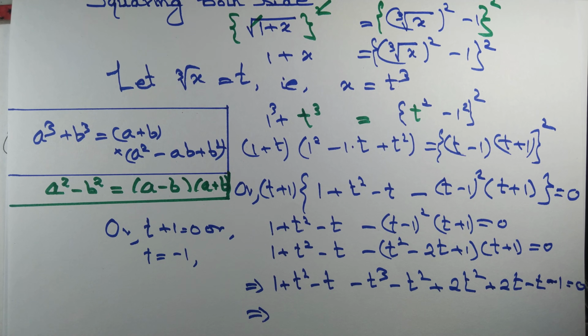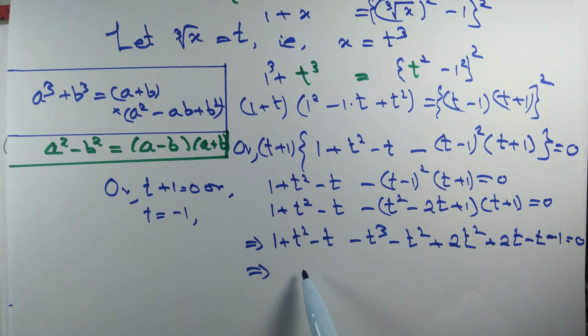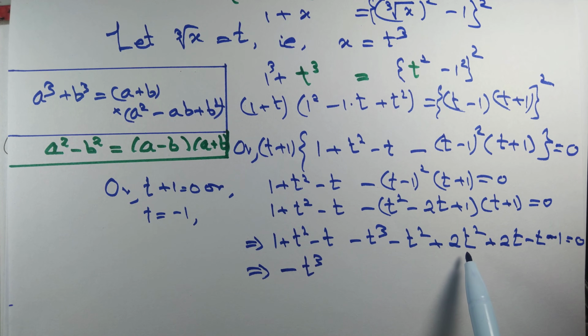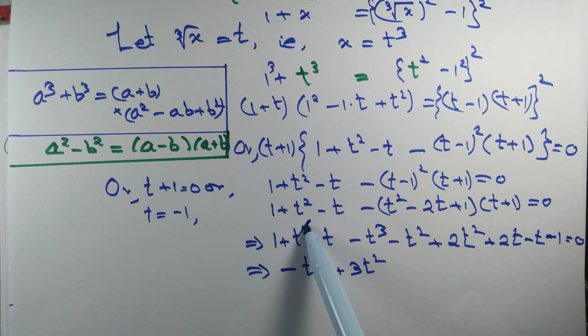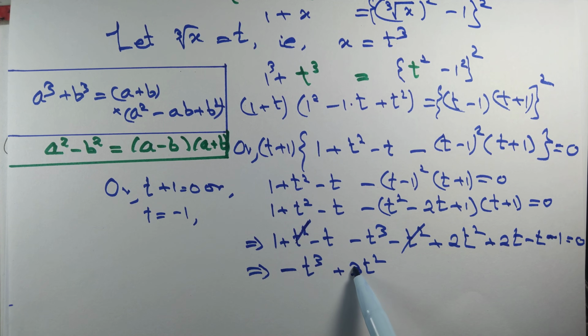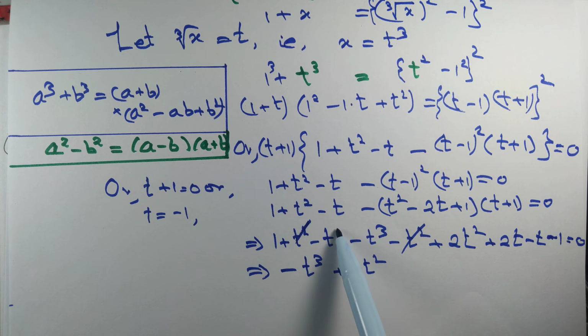We can further simplify it. So minus t cube plus t square and 2 number of t square. Oh, sorry. Plus t square and minus t square get cancelled. So we are left with just 2 number of t square. Then what about t? 2 number of t minus 1 number of t, and oh, t gets cancelled.